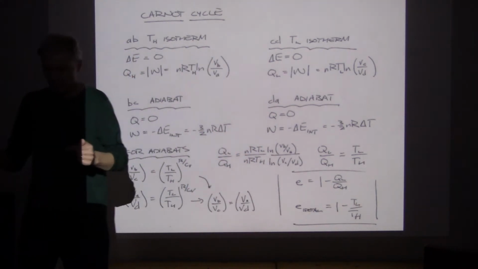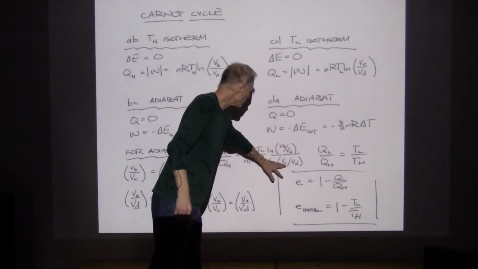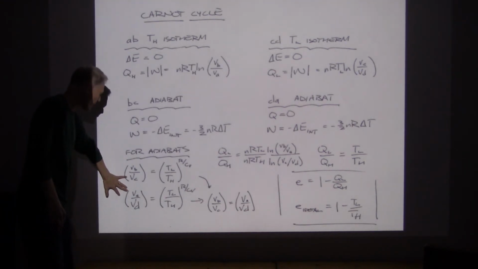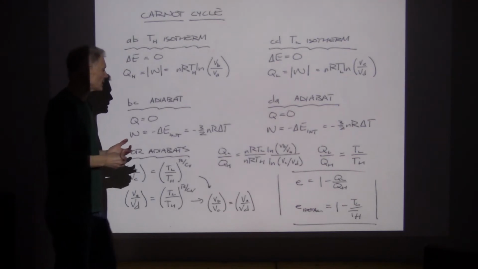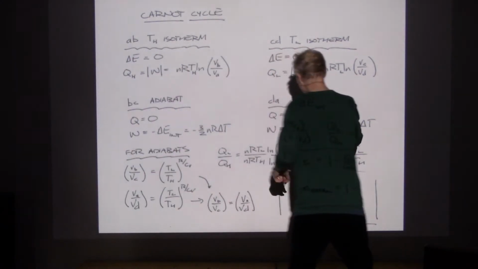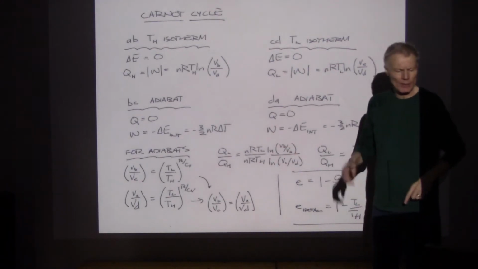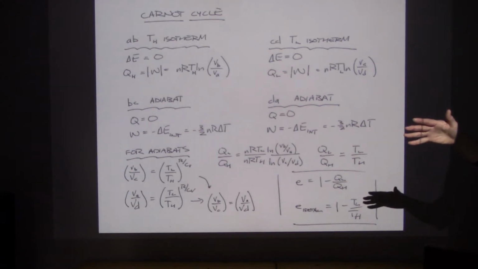So TL over TH is the ratio of the operating temperatures, and then I have these logarithms of these volume ratios. Using the adiabat formula that we introduced back in chapter 19, we can show that the ratio of the logarithms is 1. That logarithm on top and the logarithm below are the same quantity.